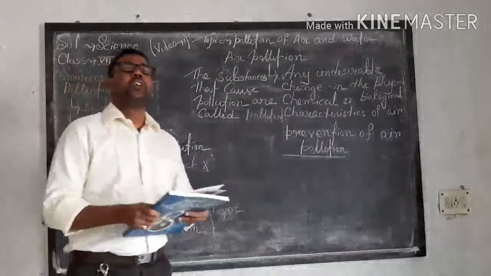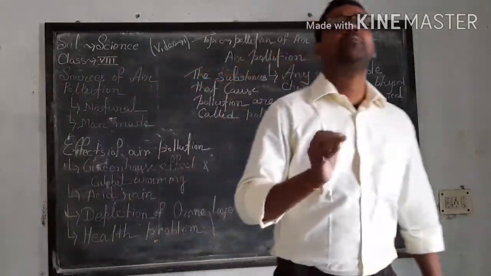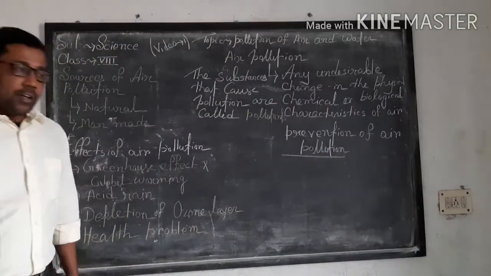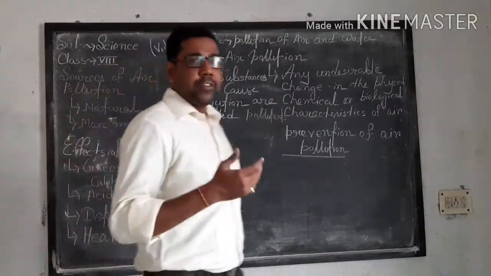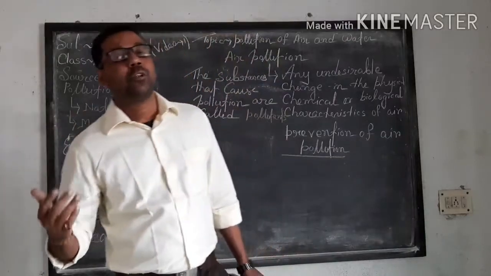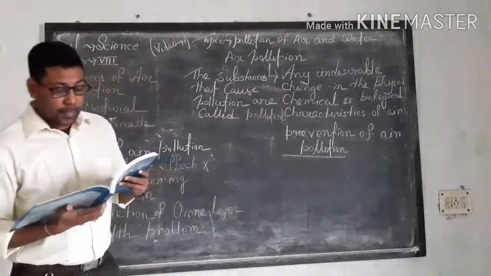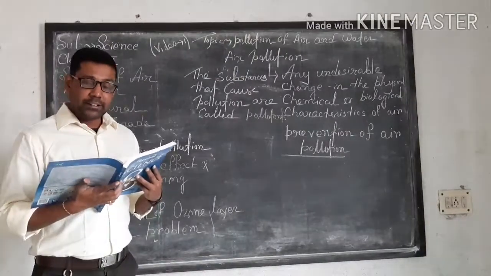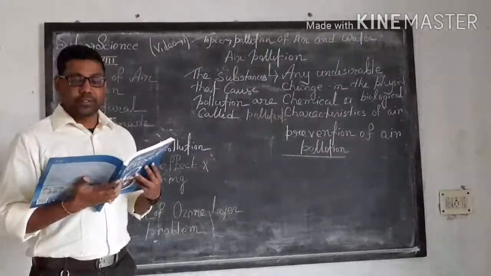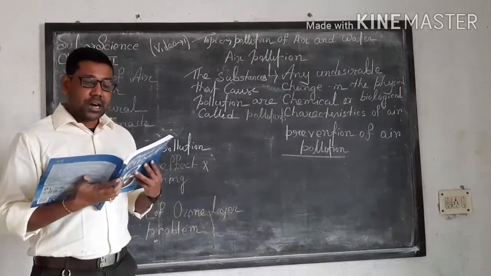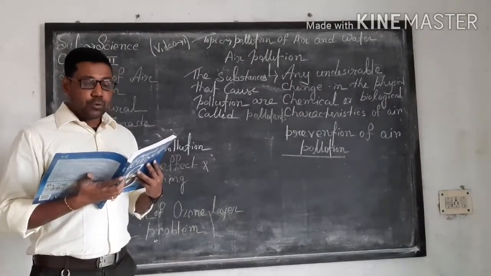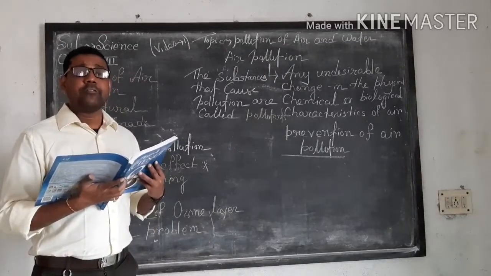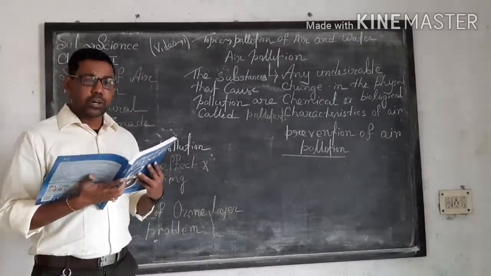Now, how to prevent air pollution. There are many ways to prevent air pollution. First, by using clean fuel like CNG, compressed natural gas, and unleaded petrol in vehicles. Second, by getting the exhaust of vehicles checked regularly.